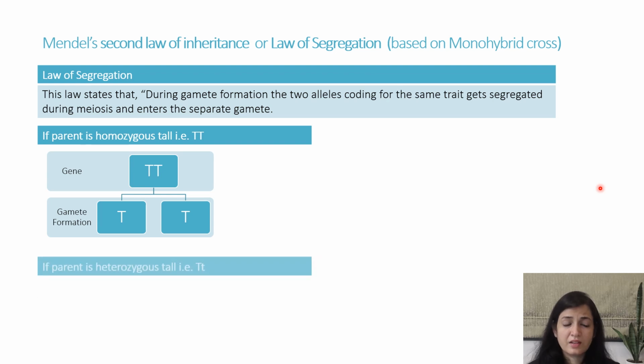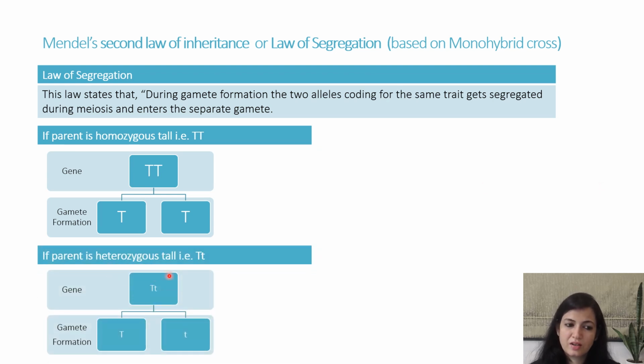Fine. Now, if the parent is heterozygous tall, that is, the genotype is capital T and small t, then when the gamete formation takes place, the two alleles of this gene enter separate gametes. One gamete will receive the allele capital T, and the other gamete will receive the allele small t.